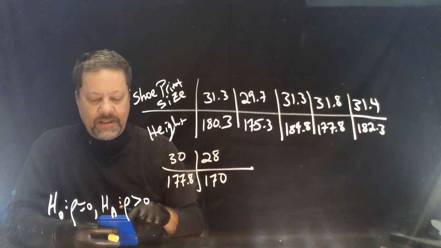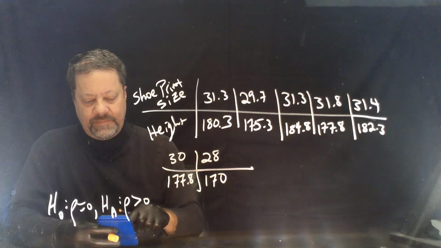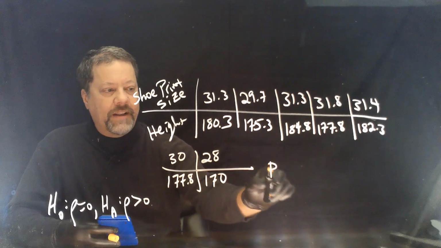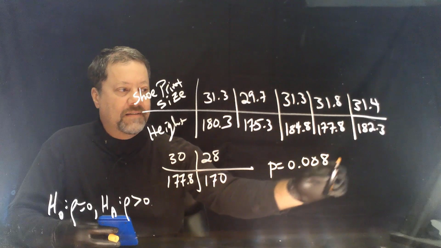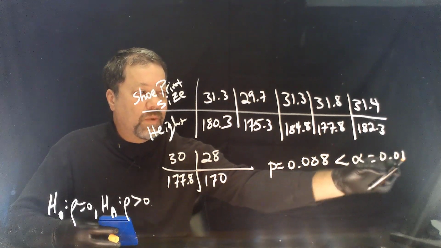Now, when we conduct our test, linear regression t-test, the p-value is 0.008, which is less than alpha equals 0.01.